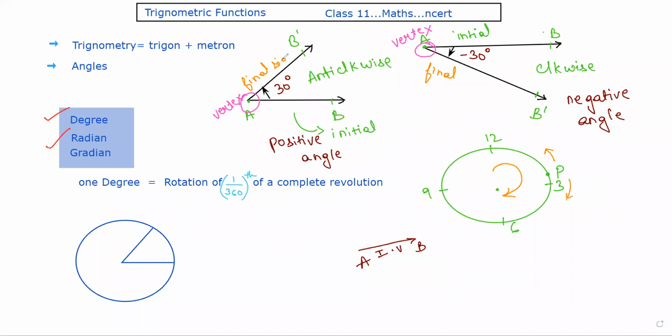This is your final side, and this is your initial side. If you again have A fixed and B movable, and you keep on rotating, you'll end up on the same line AB. Your B and B dash will coincide with each other, and this AB dash becomes your final side.